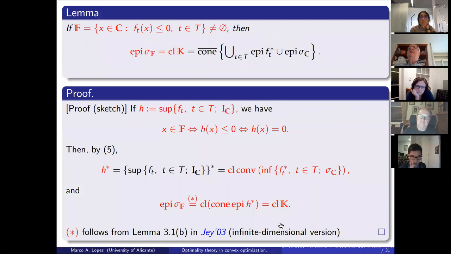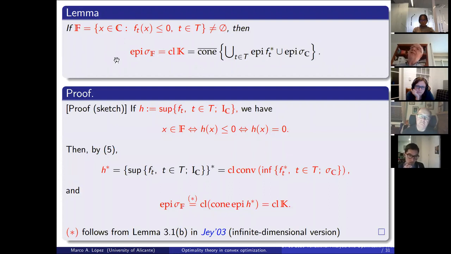This lemma is crucial for proving the generalized Farkas lemma. Again, remember that F is the feasible set, and we are assuming that this set is non-empty. We have at least one feasible solution.